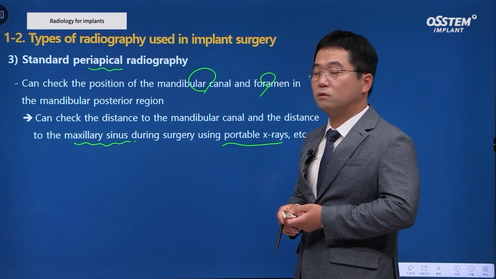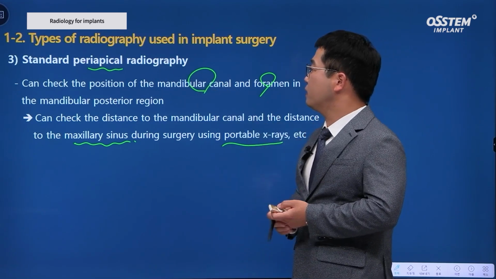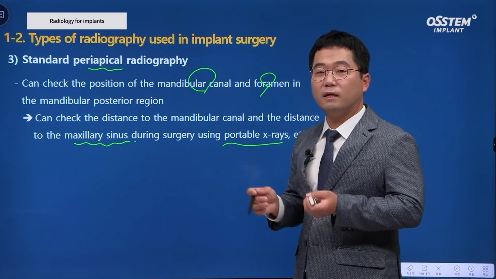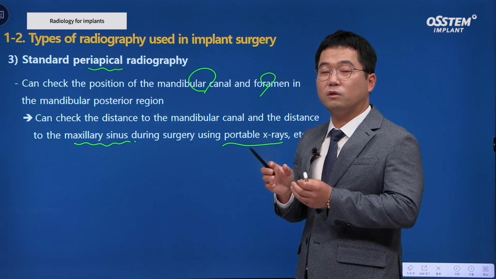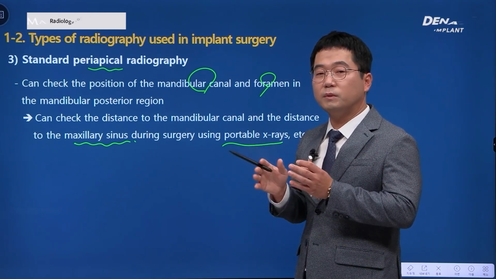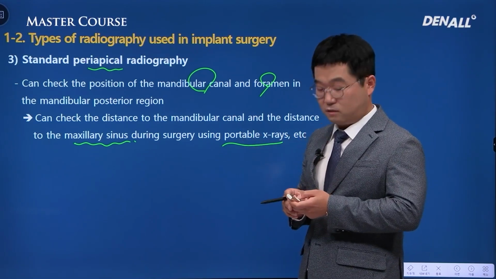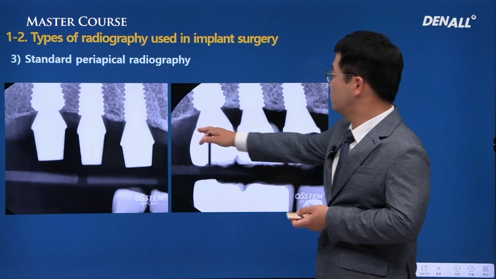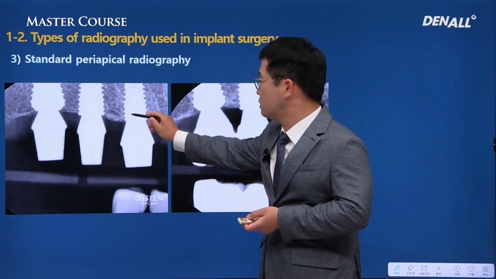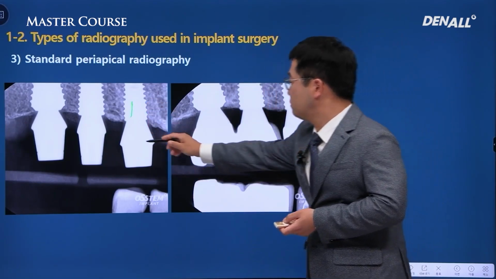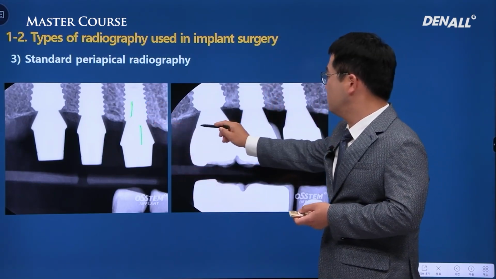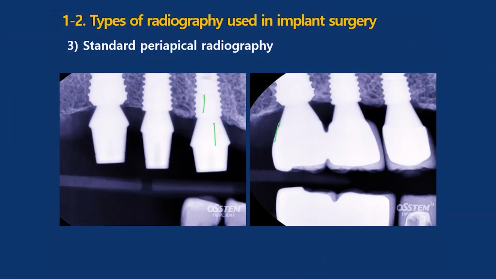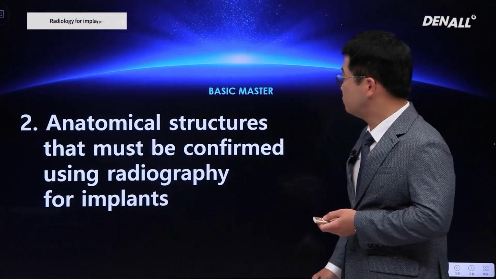However, the periapical view is mostly used in the prosthodontic phase to check the fit of the implant body, abutment and prosthesis. This will be addressed later. There is the X-ray, showing whether the fit of the prosthesis and abutment is correct. You can check that. Periapical X-ray can be very useful in this.